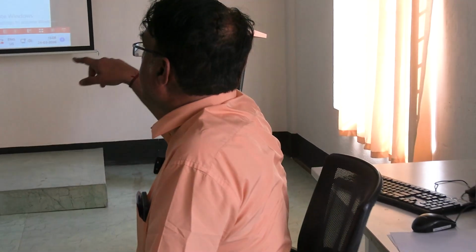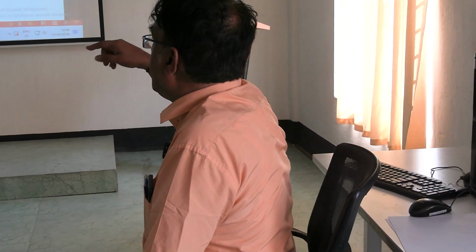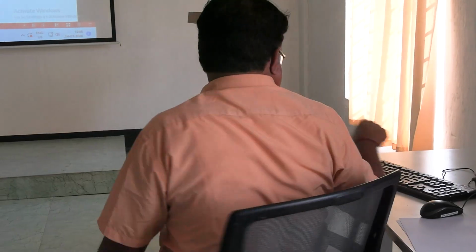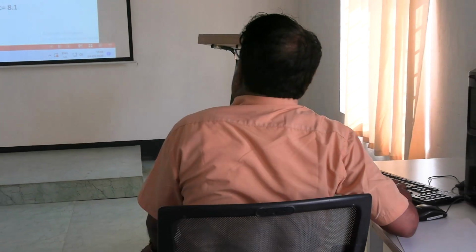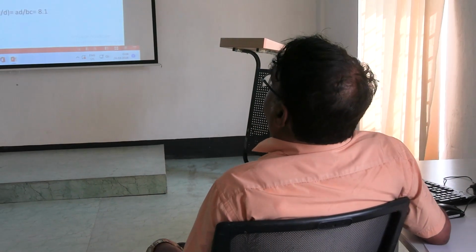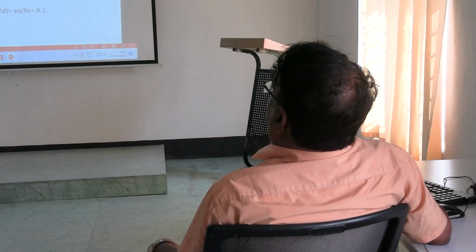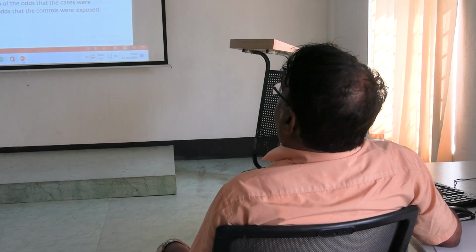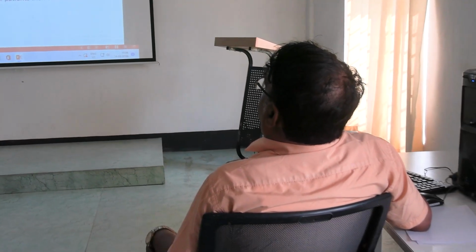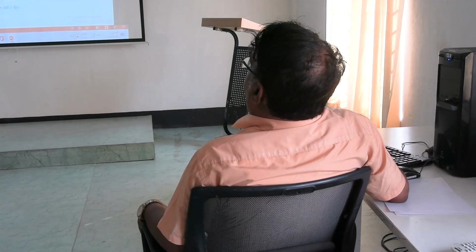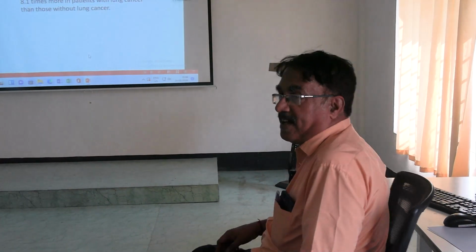Actually, it's A by A plus C divided by C by C plus D, which brings it to AD by BC. In this case, AD by BC is 8.1. So smoking is found to be associated 8.1 times more in patients with lung cancer than in those without lung cancer.